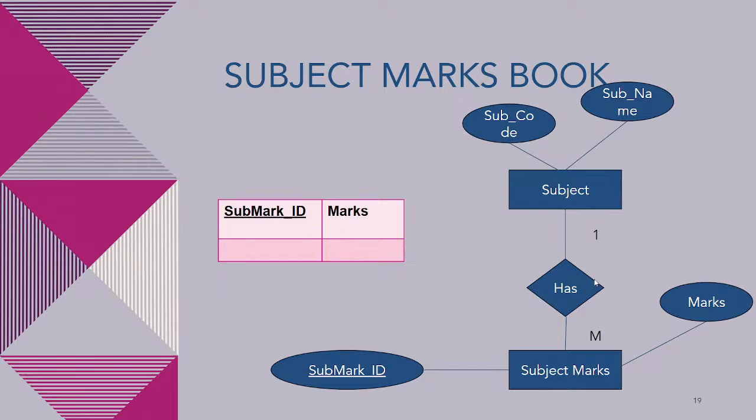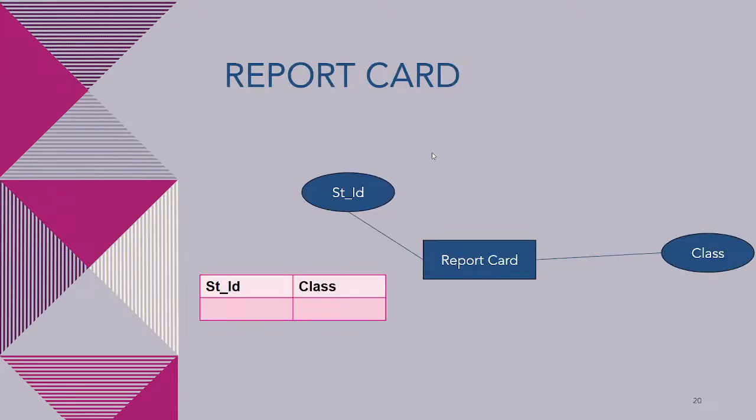But if we take a certain mark, it is related to only one subject. So you have the mark ID and the marks for subject marks. Now for the report card, you have the student ID and the class.